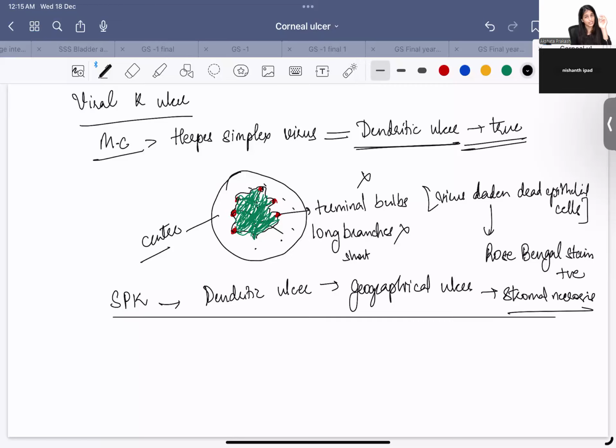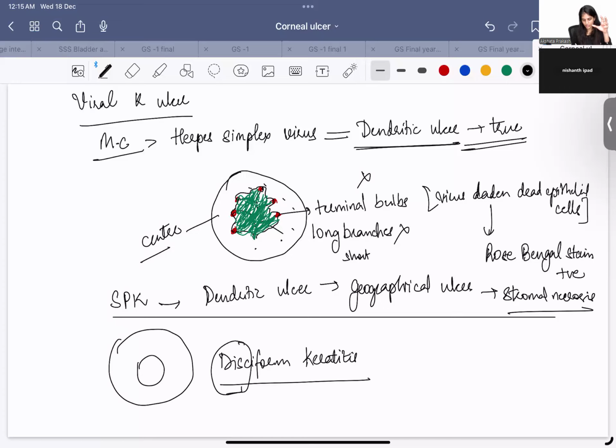There is another reactionary keratitis by a virus, which we call disciform keratitis. What do we understand by disciform keratitis? Disc shape, that is why it is in the form of a disc. This is in the center, disc shape. This will appear cloudy. The center of the cornea appears cloudy. Why does this happen?